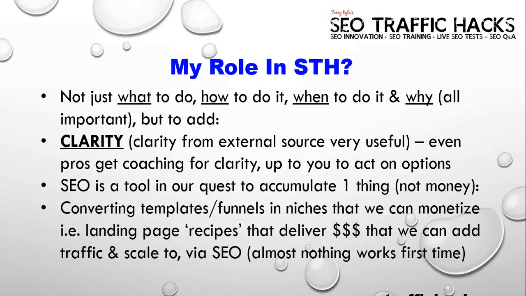So basically what we're really looking for, the gold dust, those gold nuggets, are the landing page recipes that really bring in the bucks, that we can add traffic and scale to, obviously through SEO or any other means. And if you've got a really good converting landing page, obviously then you've got the opportunity to throw some paid traffic at it as well.